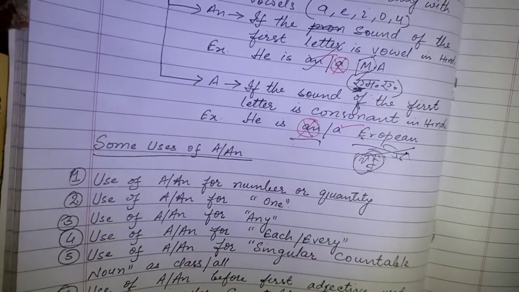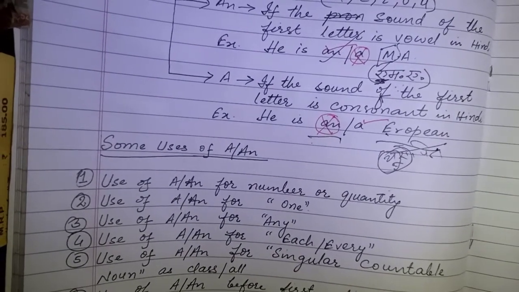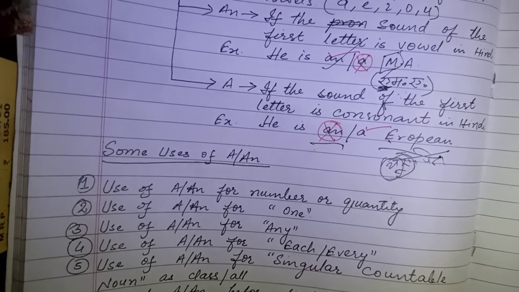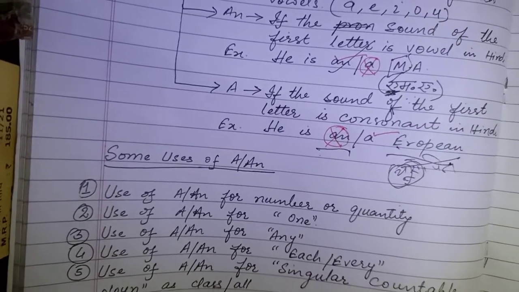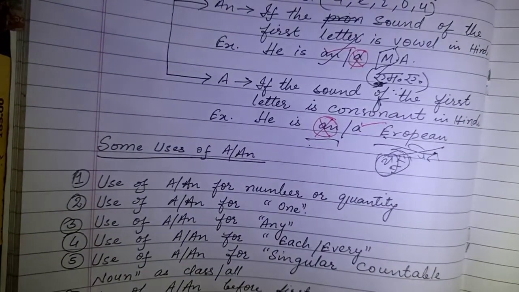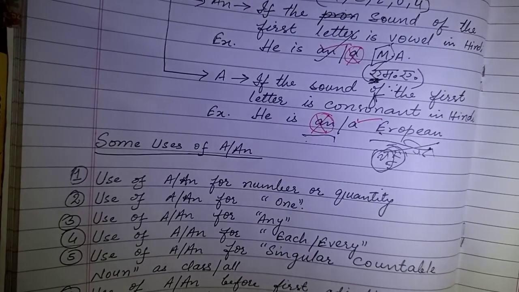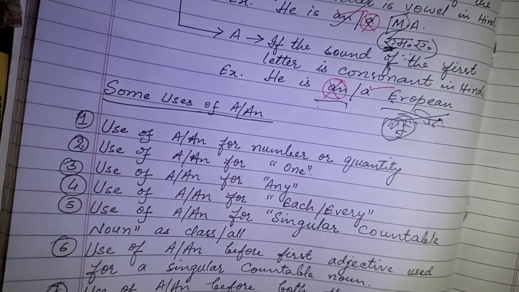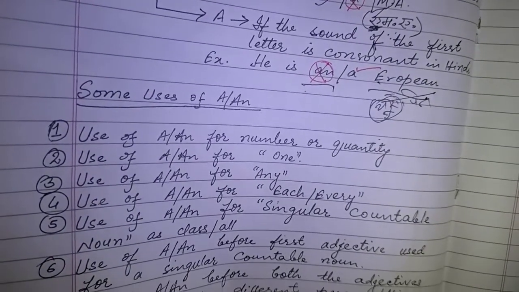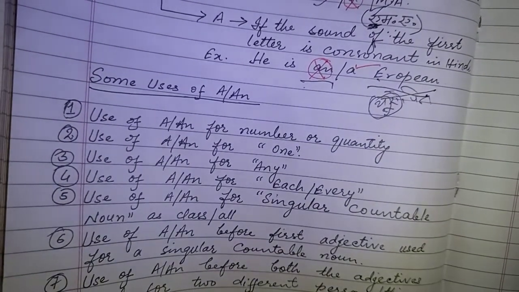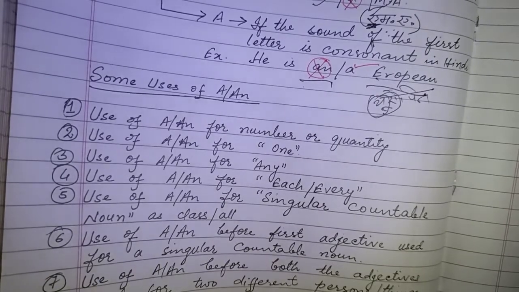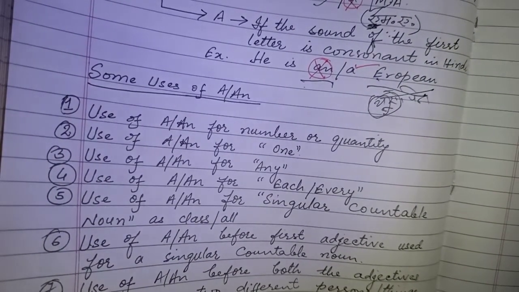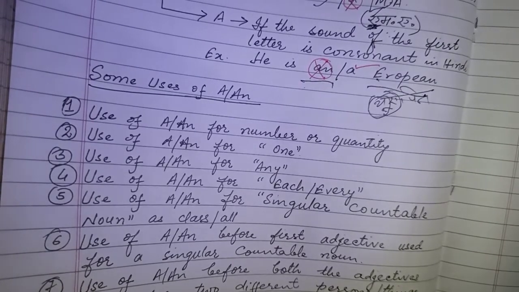Now use of a or an for a singular countable noun for denoting the whole class or all. For example, if you are saying that a cow is a domestic animal, here before cow we are using a, and this a is giving a sense of whole class.